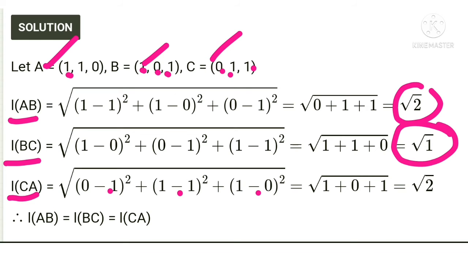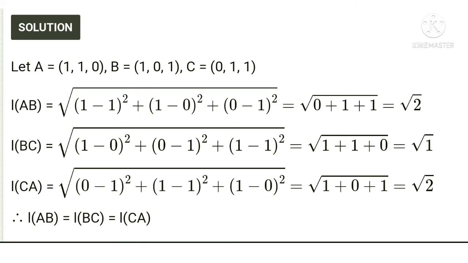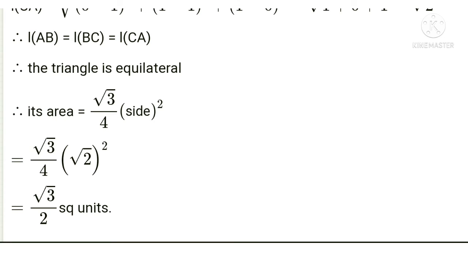You simplify, you get length CA as root 2. Here root 2 is there, okay? There is a printing mistake. You observe all these three. Here length AB is equal to length BC is equal to length CA. Here we observe that all these three lengths are equal. Therefore, it is an equilateral triangle.